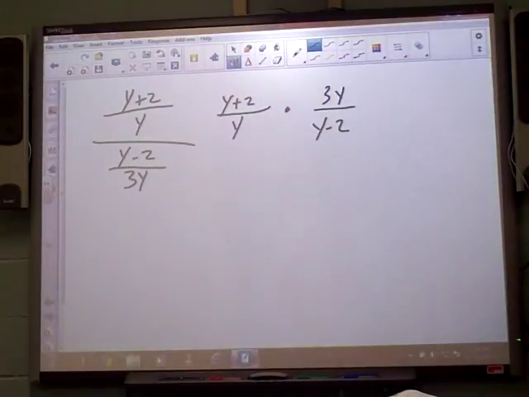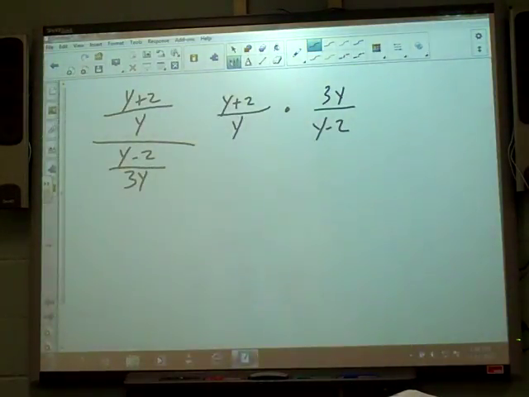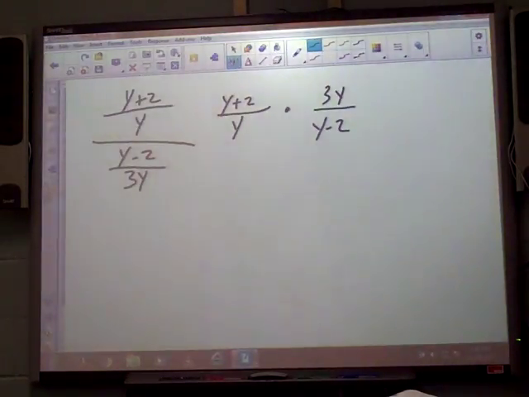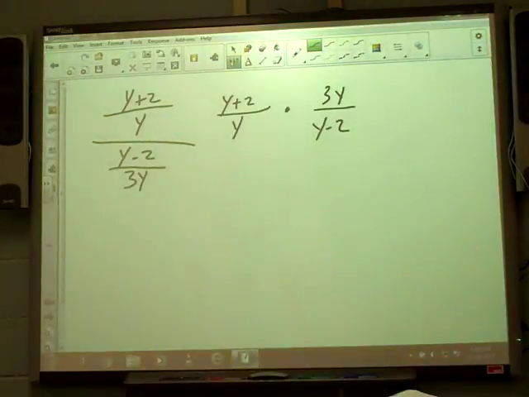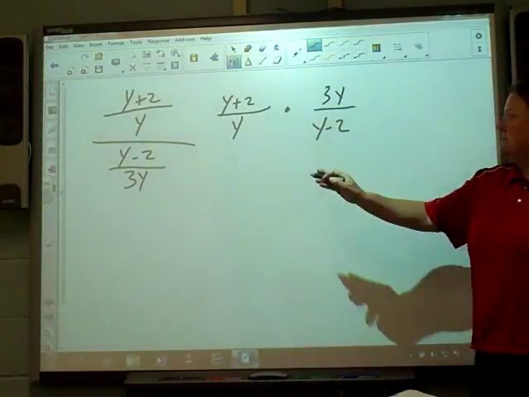Now that was no big deal at all, because now we've done this problem before. We should see that there's only one small thing that we can ninja. What is it? Y plus 2. No, can't do the y because one of them's a y plus and one of them's a y minus. Good, Mason.